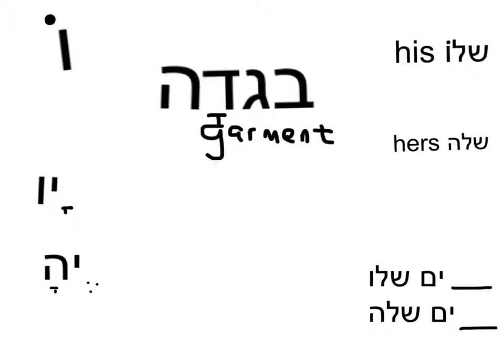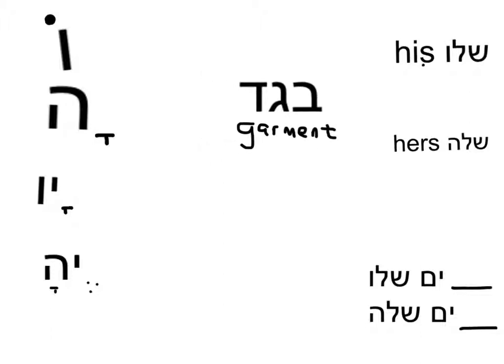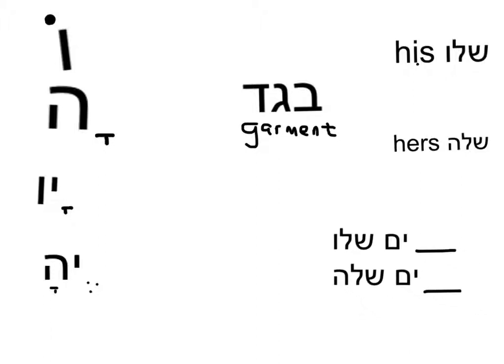But what happens if we now want to talk about more than one garment? What do we do? Well, we know that you have a suffix, yud mem, that helps us talk about more than one object. So, what happens if I took the following suffix after beged.